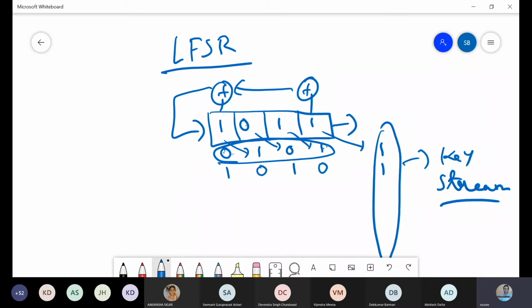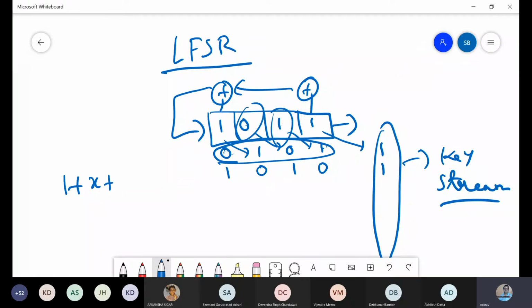And we have seen that this LFSR can be associated with a polynomial, depending on the connection. So this is the coefficient of x, coefficient of x square, coefficient of x cube, coefficient of x to the power 4. If you have a connection, then that will contribute. So we have a connection over here, so we get x. There is no connection on this cell, so no x square term will come.